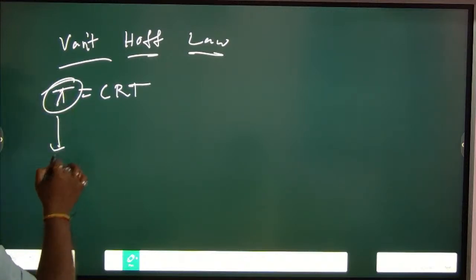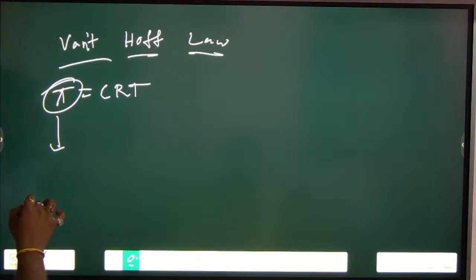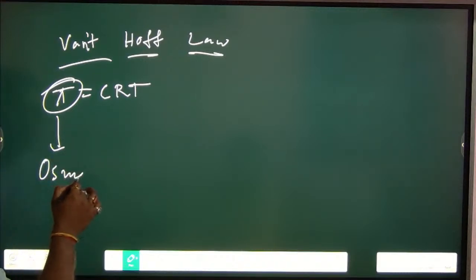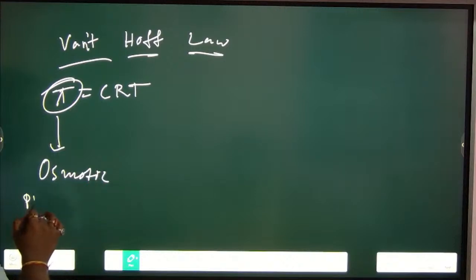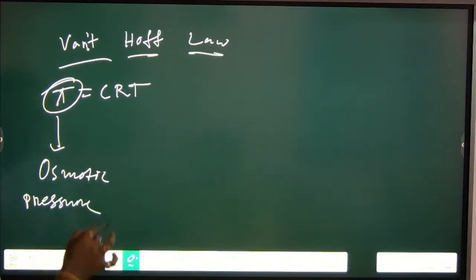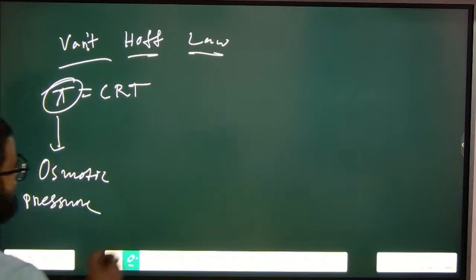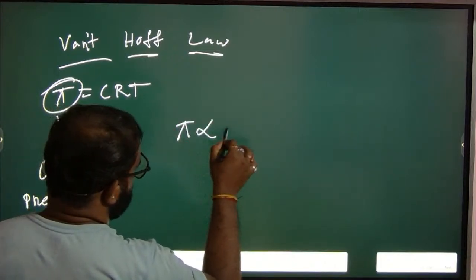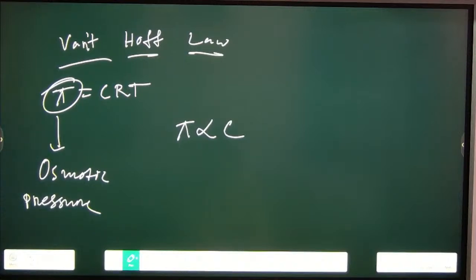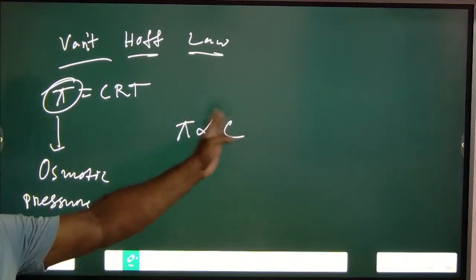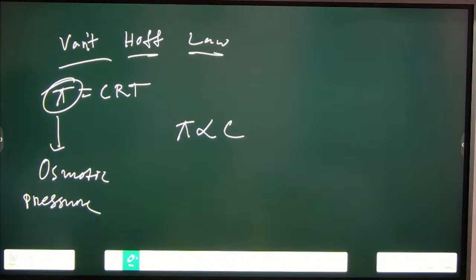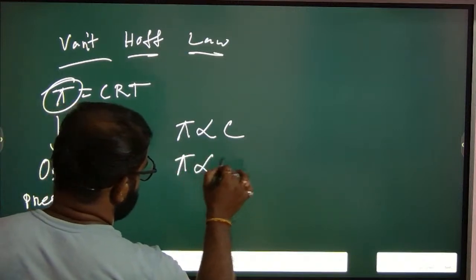Here pi is osmotic pressure, and this osmotic pressure is directly proportional to concentration. If concentration increases, the rate of flow will increase, and to stop this we have to put more pressure. So the osmotic pressure is directly proportional to what? Concentration.